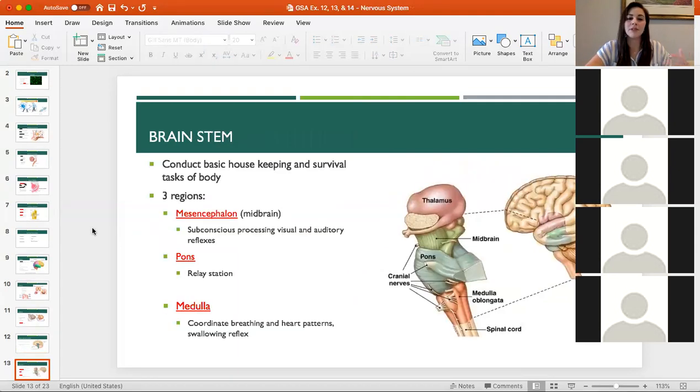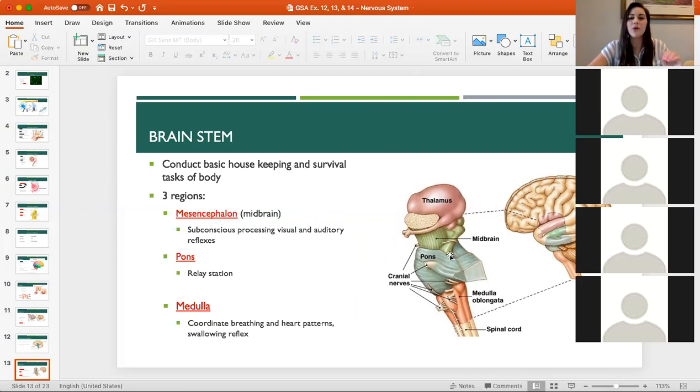Okay, so moving to the brainstem, we have three different regions: the mesencephalon or the midbrain, you can say either one, that's fine with me, the pons, and the medulla, or medulla oblongata, you can say either one. Altogether, the brainstem does some basic survival tasks, housekeeping things, which you can kind of see by the little bullet points that I have on here.